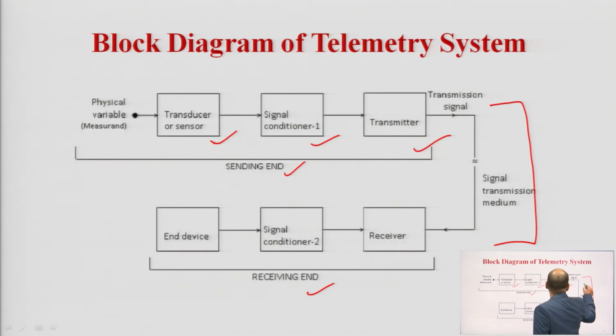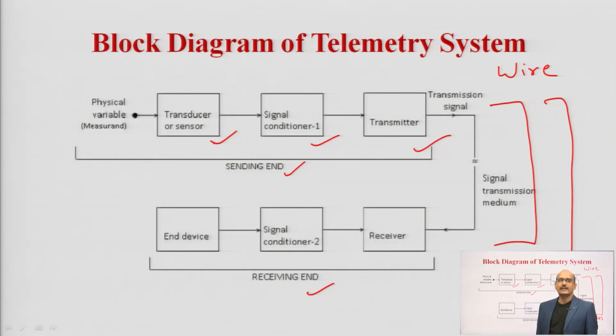After that, in the signal transmission medium, you can easily understand two points: it may be a wire or it may be wireless. When you are using some kind of coaxial cable or twisted cable or optical fiber, then that is a wired telemetry system.